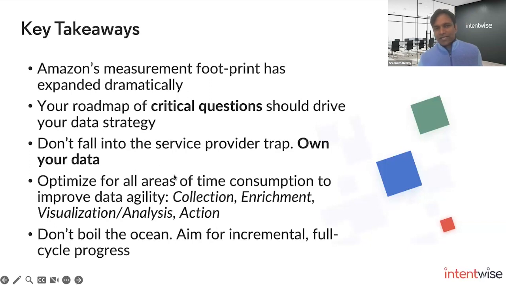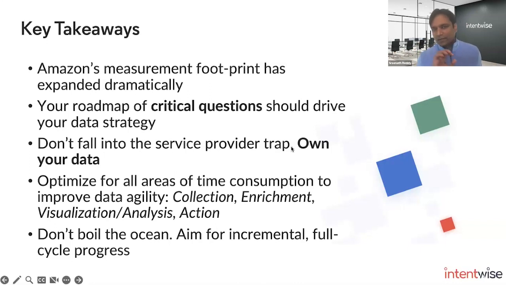And when it comes to data strategy, optimizing is not just about collecting or just building a report. We talked about the 4 areas that take time. You have to think about optimizing across all 4 of those. And then lastly, this might all seem complex, but you can start small. You can start with 3 questions. You can band-aid your way to a solution, but the idea is not to boil the ocean. Aim for incremental but full cycle progress.